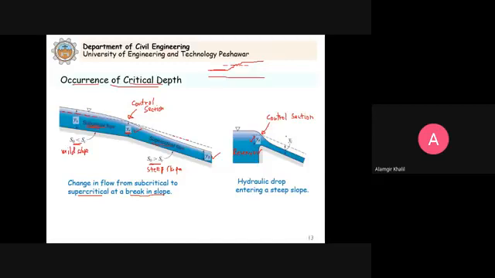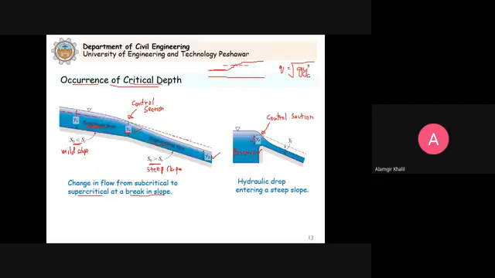Clear? So by measuring the depth at a control section, we can compute a reasonably accurate value of discharge. Just like we studied for a rectangular channel, the discharge is equal to the square root of g y_c cubed.